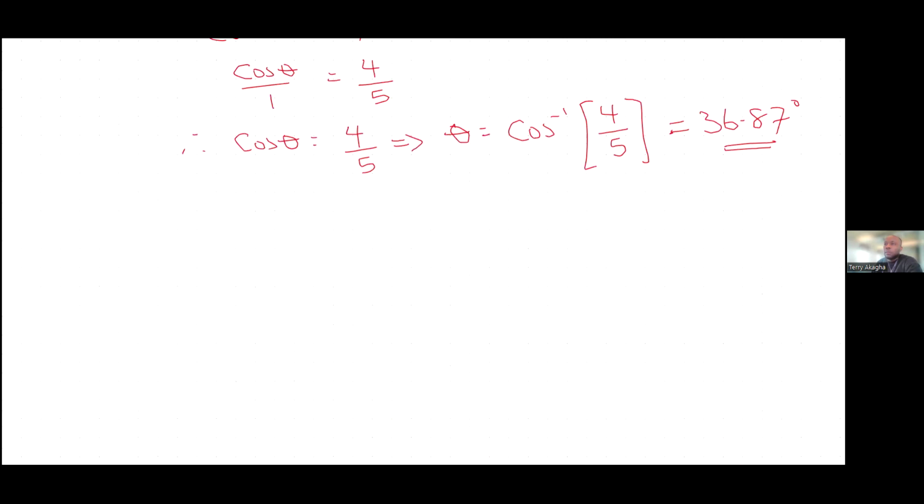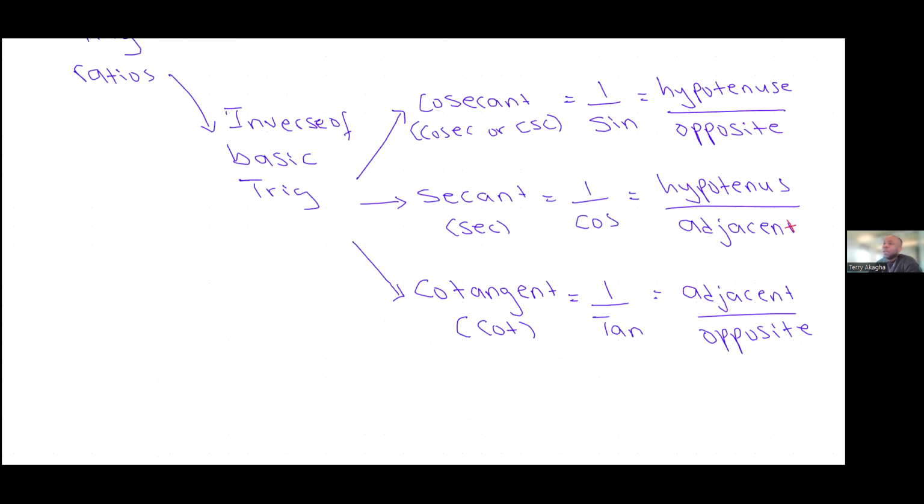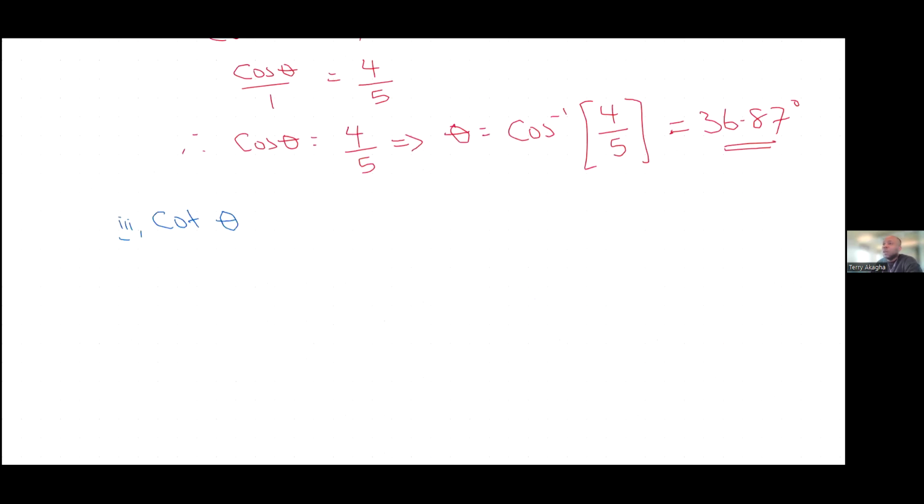So number 3, we have cot theta. All right. Now, if you go back to the previous slide for cot, we can see here that cot is 1 over tan, which is the same thing as adjacent over opposite. Okay. So adjacent divided by opposite. So that means cot theta is equal to adjacent divided by what?